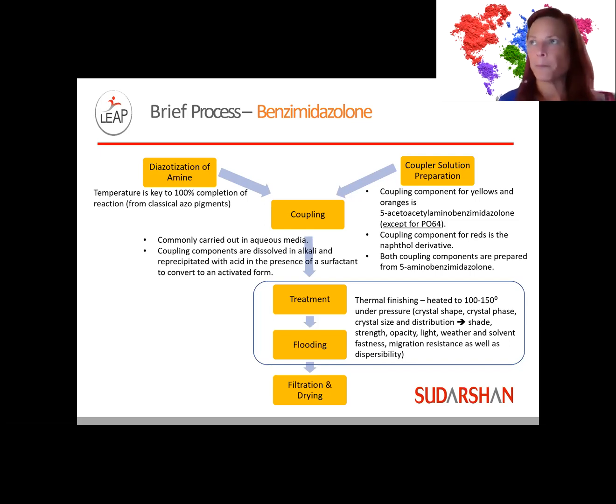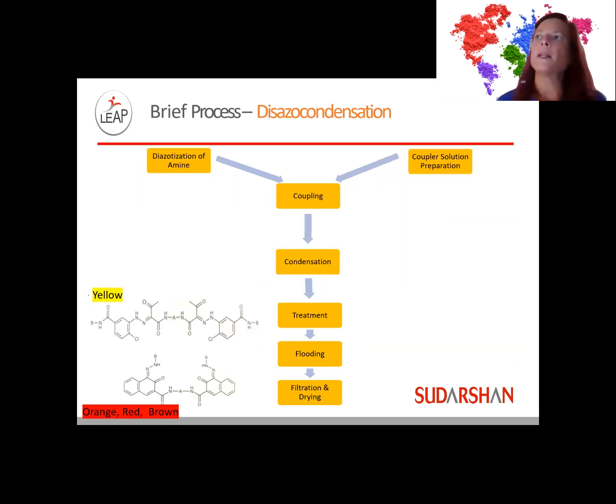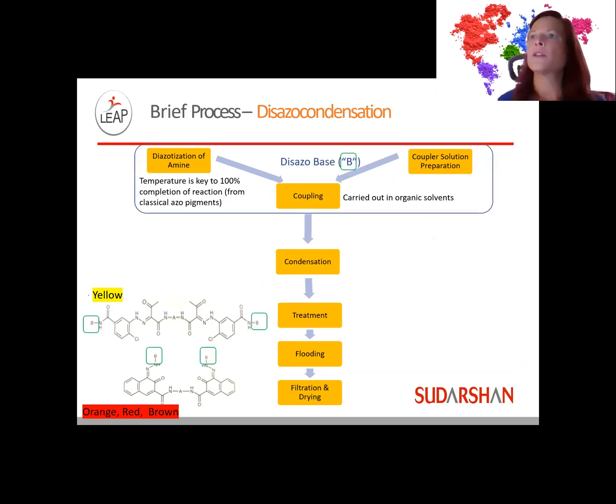For the disazo condensation, again, it starts very similar to the classical azo pigments, in that we create the disazo base, that B section of the molecule, first, along with a coupler solution.